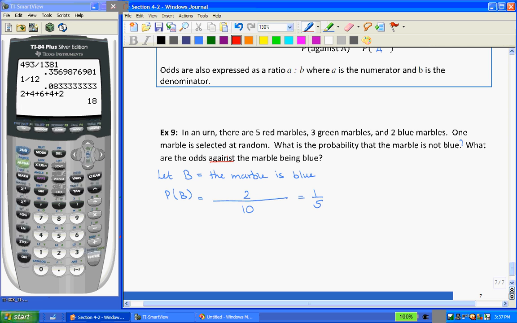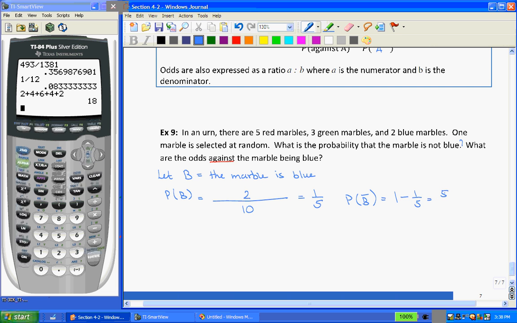From our formula up above, we know we need another calculation. We need to know the probability of not getting a blue. Again, rather than adding up all the greens and the reds, and there's nothing wrong with that, to find the probability of not getting a blue one, I can just subtract the probability of getting a blue one from the number 1.